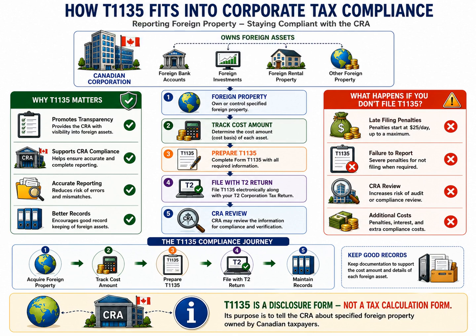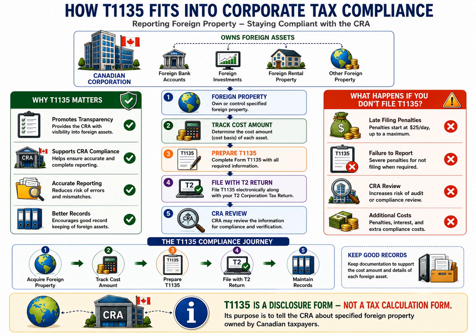The panel on the left highlights why T1135 is important. It promotes transparency by giving the CRA visibility into foreign property owned by Canadian taxpayers. It supports tax compliance, encourages accurate reporting, and helps corporations maintain proper records of their foreign investments. The panel on the right explains why filing is equally important.